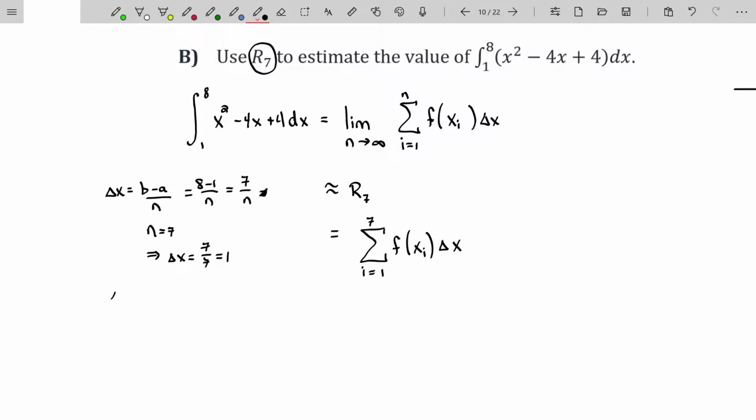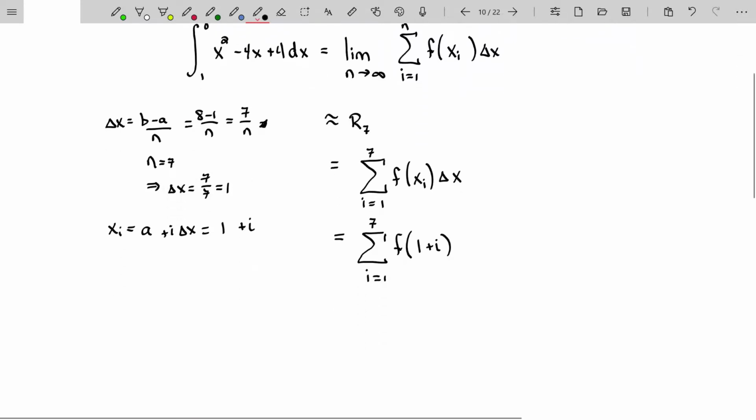And then x sub i is going to be a plus i times delta x. A in this case is 1, plus i times delta x, which is also 1. So I'm going to insert this in here. This is a summation i equals 1 to 7 of f of 1 plus i times 1.